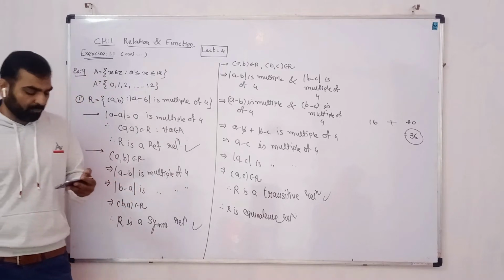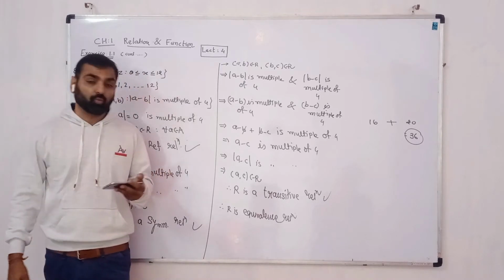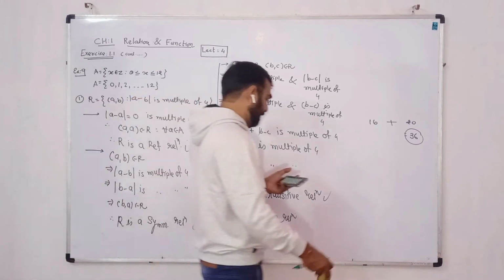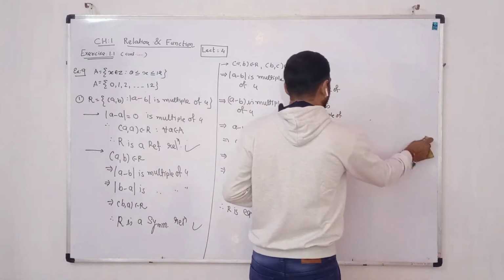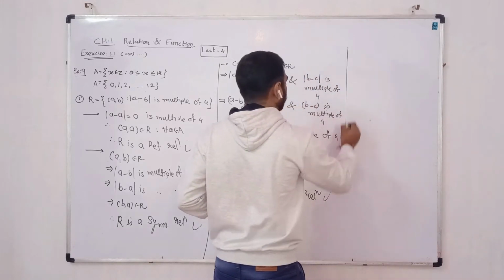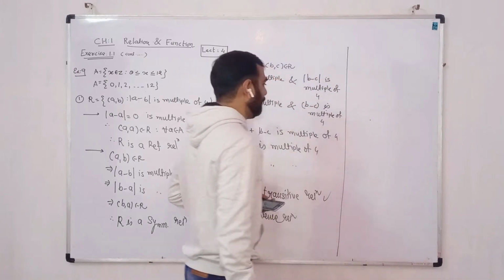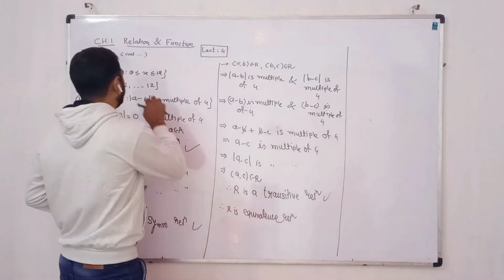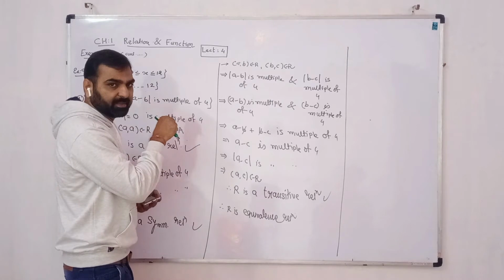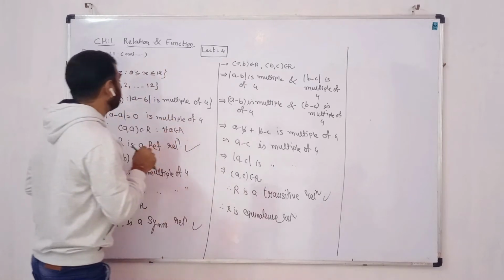Find the set of all elements related to 1 in each case. So now you have to find out the elements of R1. तो 1 के साथ रिलेट करता हो ऐसे, यहां से आपको एलिमेंट निकालने जो 1 के साथ रिलेट करता हो. कौन सा रिलेशन?